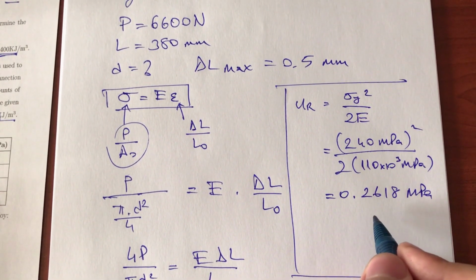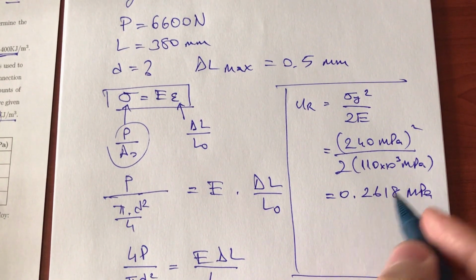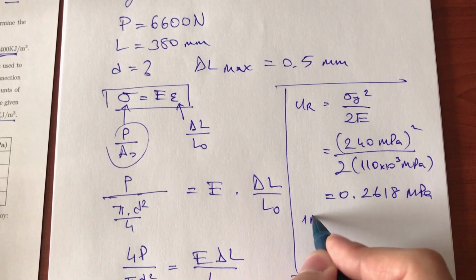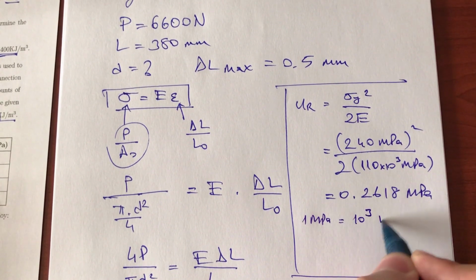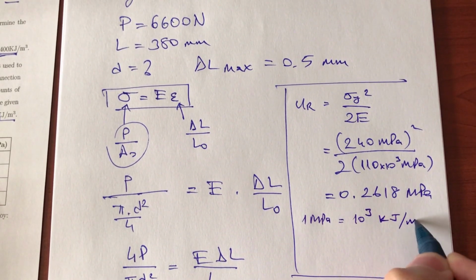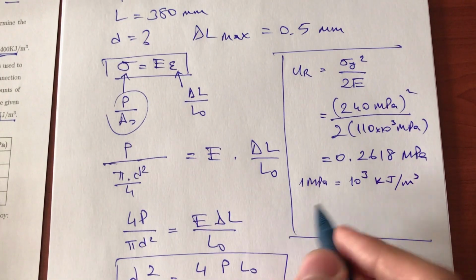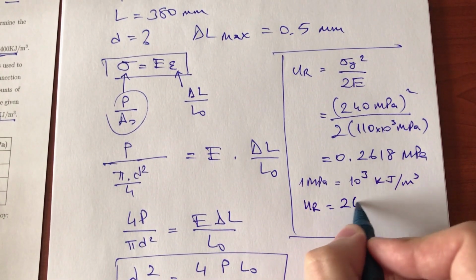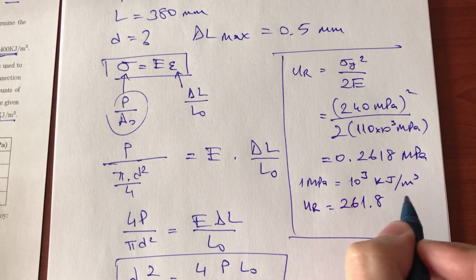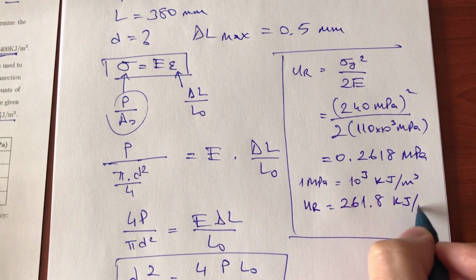And from previous questions we know that 1 megapascal is 10 to the power 3 kilojoules per meter cube. If you substitute that in, then modulus of resilience is 265.8 kilojoules per meter cube.